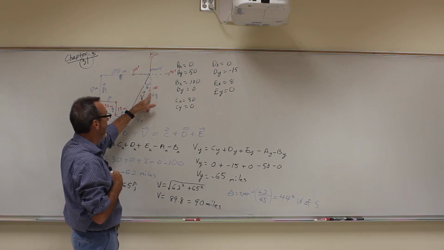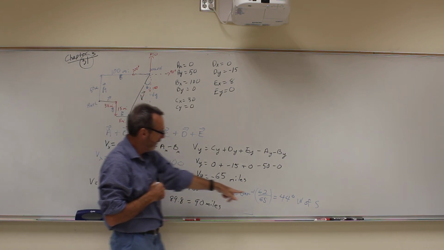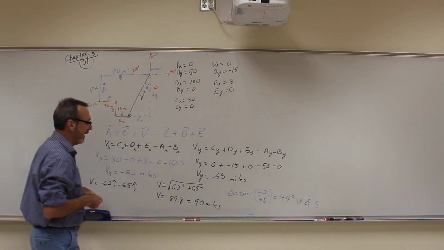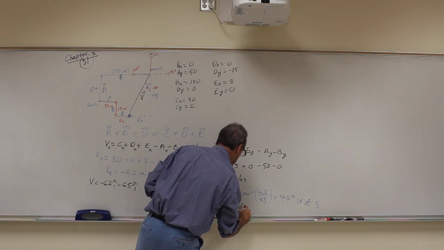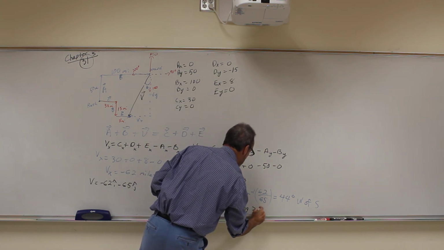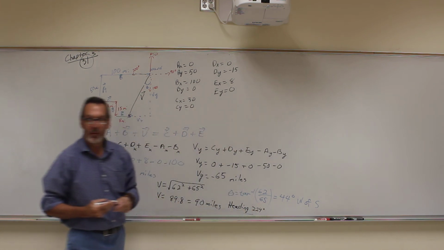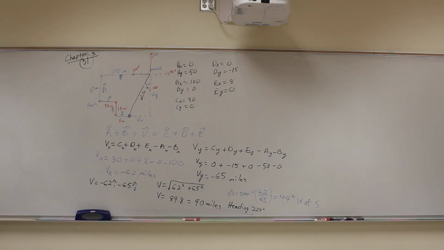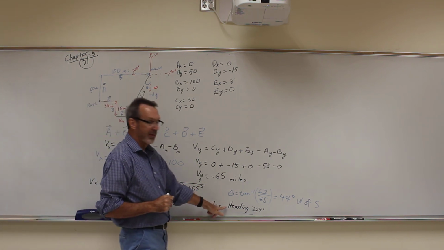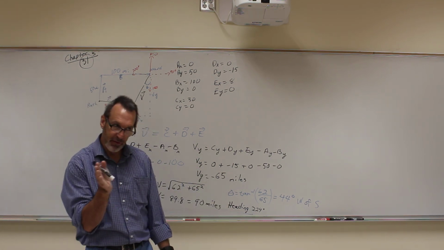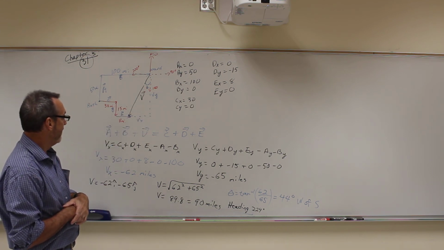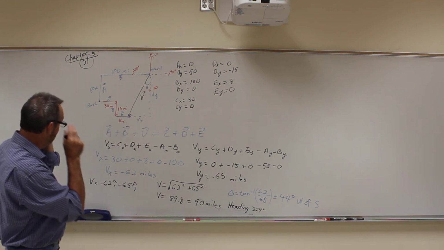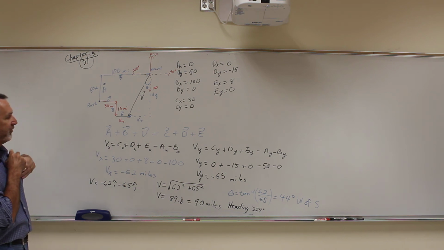In this case, we would have 180 plus 44, or they would fly a heading of 224 degrees. That way, they don't have to say south of east and west, and you're not figuring that out in your cockpit. You just say, oh, heading 224, and you just dial your plane until 224 comes up on your compass. And that's how it works. So that's how you do number 31, chapter 3.